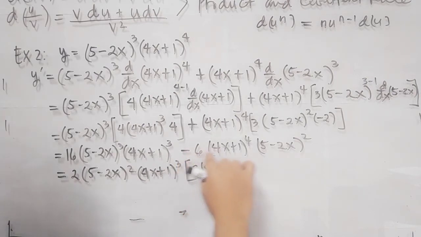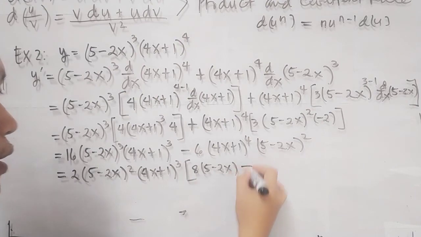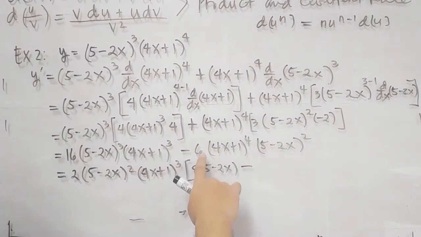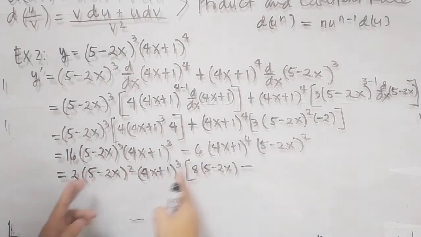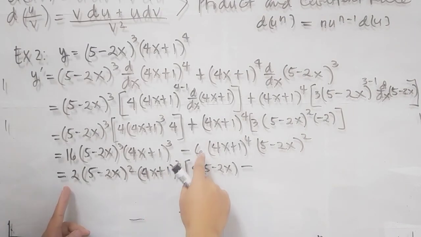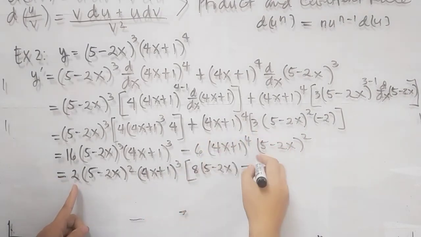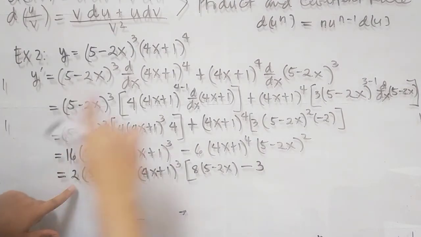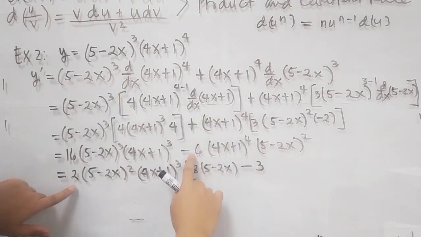Instead, we proceed to this group, that is minus 6, again divided by our common factor. So 6 divided by 2, that is 3. In other words, 2 times 3 is 6.